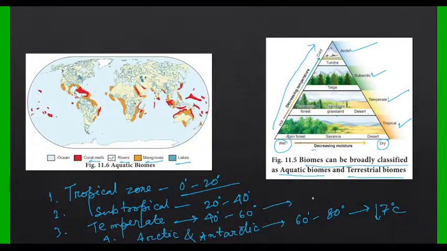In the temperate zone, the temperature is 7 to 17 degrees maximum. In the subtropical zone, that is 17 to 24 degrees. And the tropical zone is above 24 degrees Celsius.